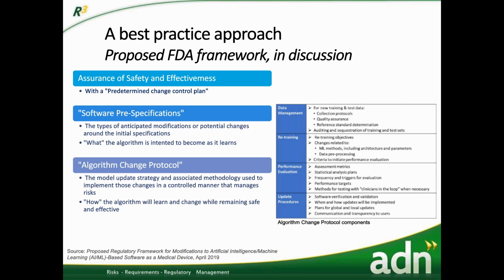If we can control and validate these changes, and if the changes diverge far from this predetermined change control plan, it can lead to further validation or not.